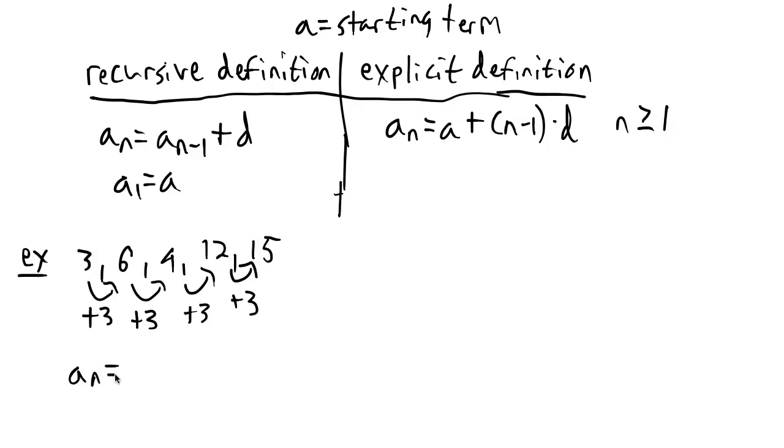Our term is going to be whatever we started with, which is 3, plus n minus 1. And what's our common difference? Each time we subtract, we're left with 3. So it's n minus 1 times 3. Let's double check this against the previous way we did this. If this was our first, second, and third term, we're looking at 3, 6, 9.